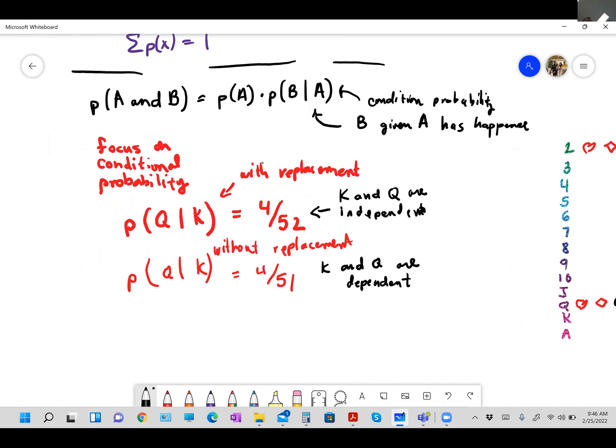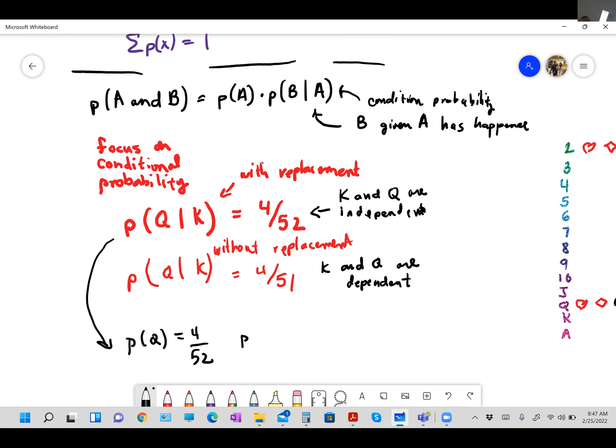Notice that in the case of with replacement, king and queen are independent. That means that king did not have an effect on the probability of queen. Why? Because if we analyze the probability of queen by itself, it's 4 out of 52.